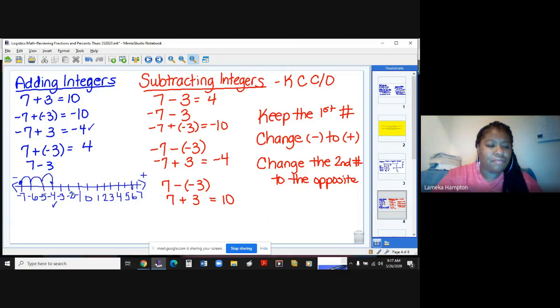All right. So again, we have -7 plus 3 is equal to -4. Okay.